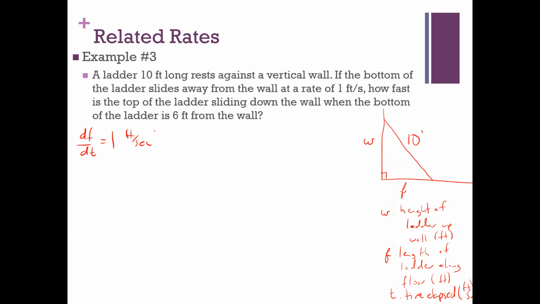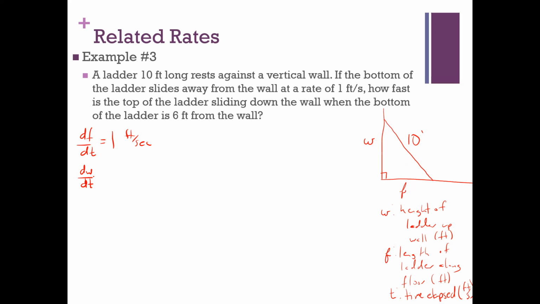Do we know what we're trying to solve for? Okay. I think we're given that. I think I want to find dW/dt. And I think what you just described would be W itself.